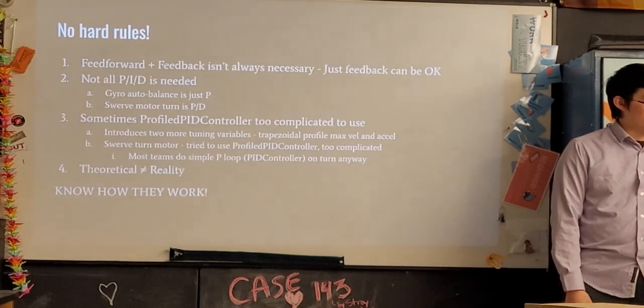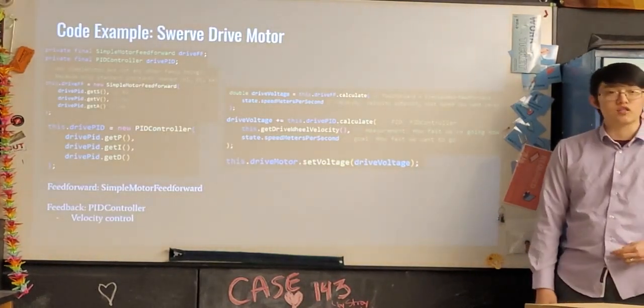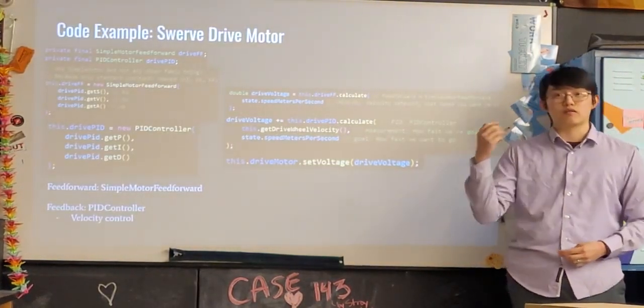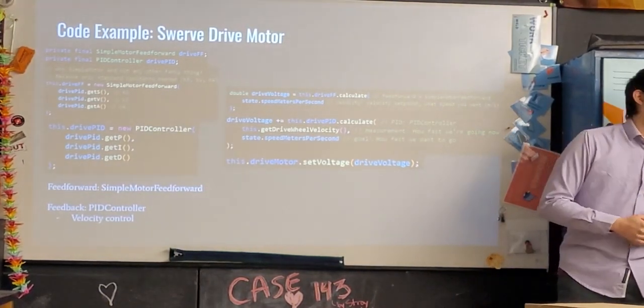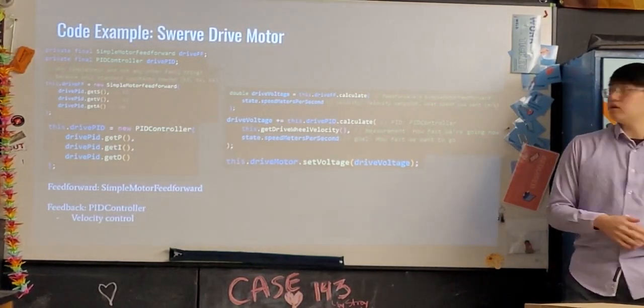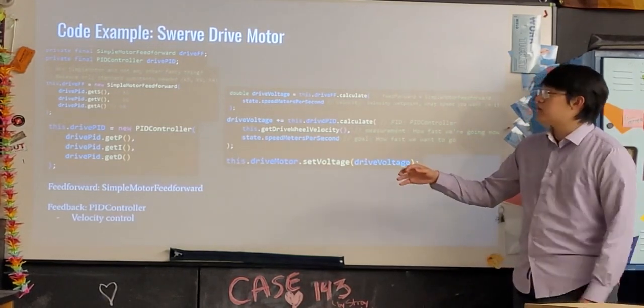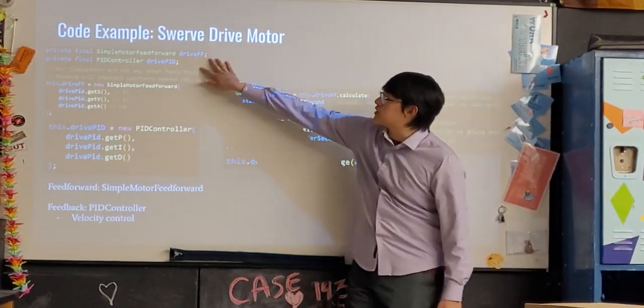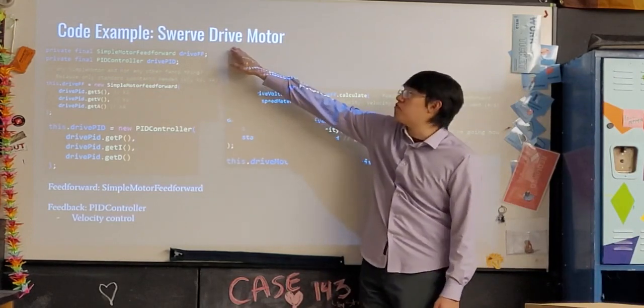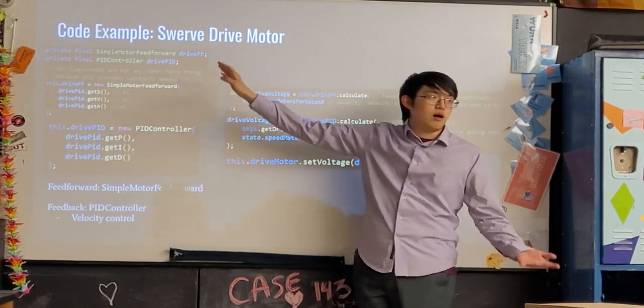Yeah. So it turns out that's not the end of my slides, because I actually have some code examples, courtesy of Carson's suggestion. So if you don't know Java, you can now zone out. However, you can see we have some instance fields up here, like a swerve drive motor. The drive motor does not need to compensate for gravity.